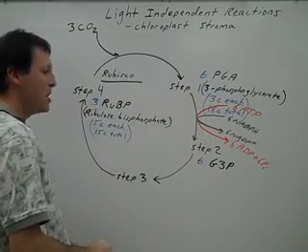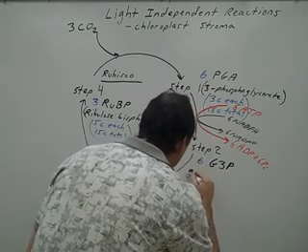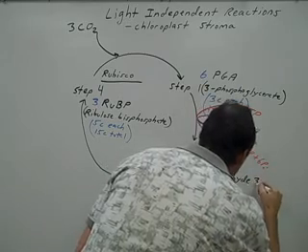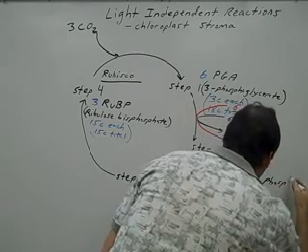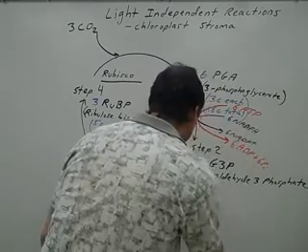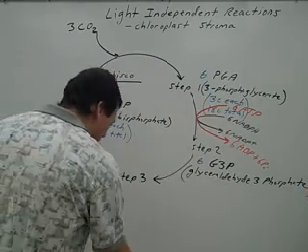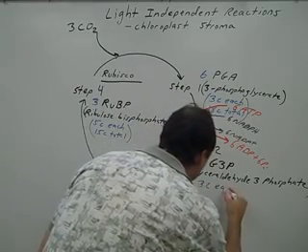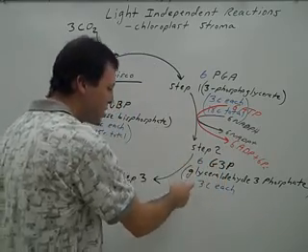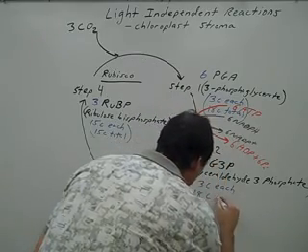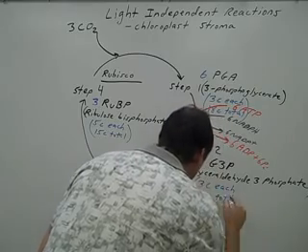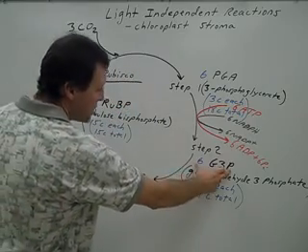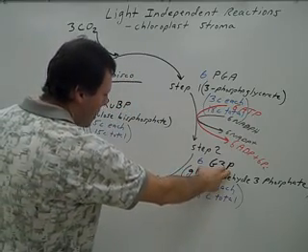Now G3P stands for glyceraldehyde 3-phosphate. Again, each molecule of G3P consists of 3 carbons. We have 6 molecules, so 6 times 3 is 18 carbons total. Now at this point, these 6 G3P molecules are going to move on.